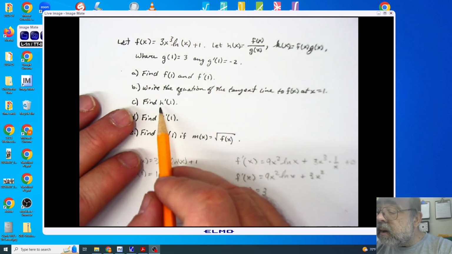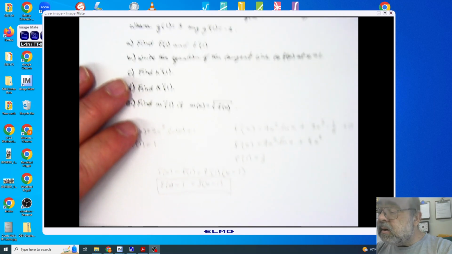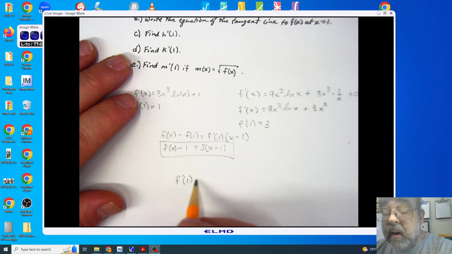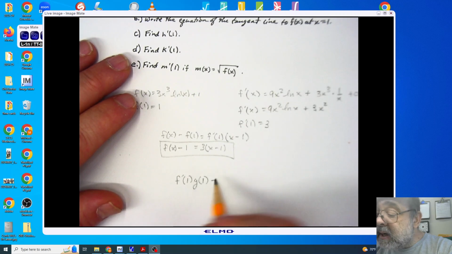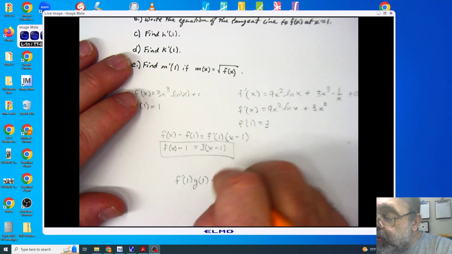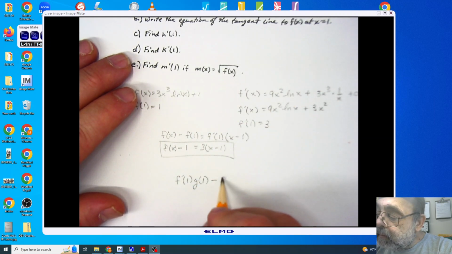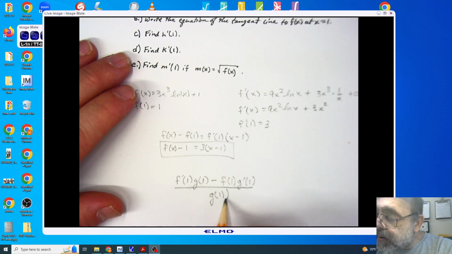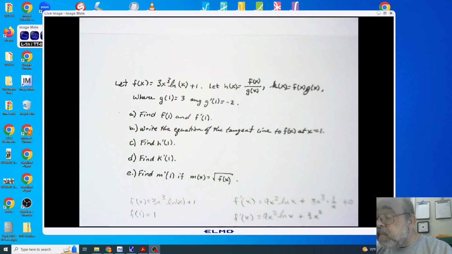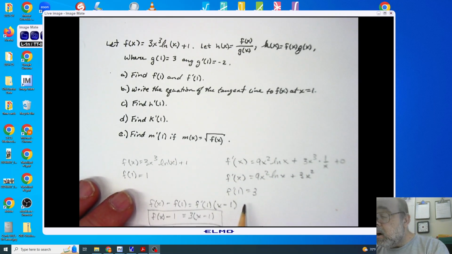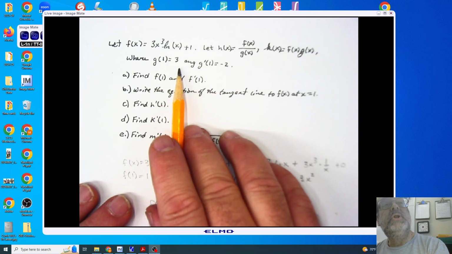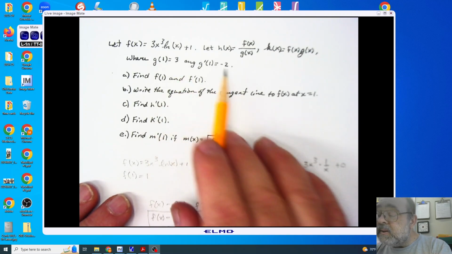H prime of 1. So you'll notice I have the quotient rule here. So I'm going to have to set up my quotient rule. f prime of 1 times g of 1, minus f of 1 times g prime of 1, then I'm going to divide by g of 1, the quantity squared. Now we have all of this information between what we found right down here, f of 1, f prime of 1, and what was given to us in the original problem. g of 1 is 3, and g prime of 1 is negative 2.